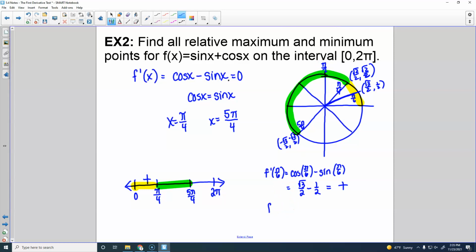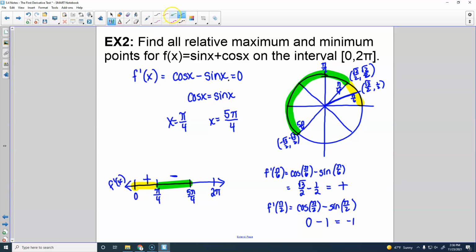So if we're doing f prime of pi over 2, we've got cosine of pi over 2 minus sine of pi over 2. So cosine of pi over 2 is 0. Sine is 1. We'll get negative 1, so we get a negative here on that section.